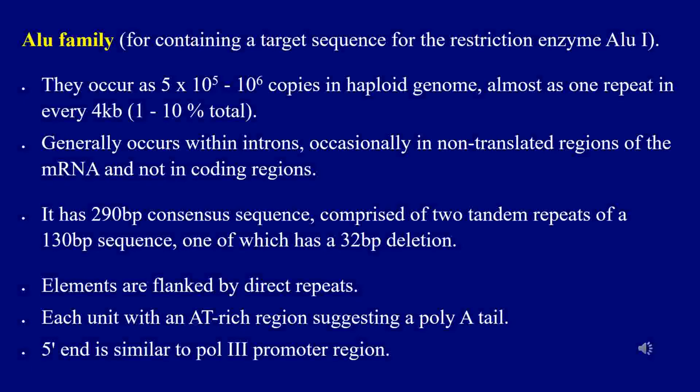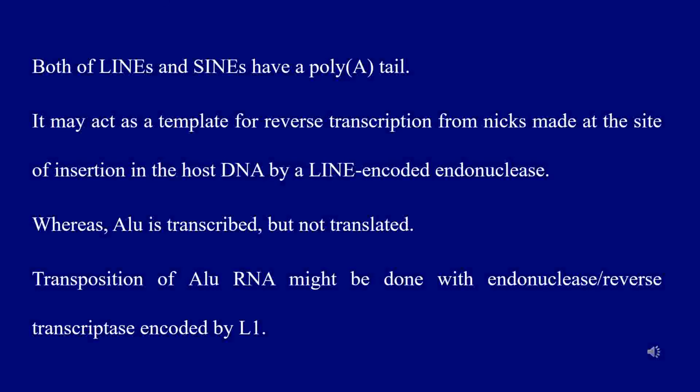Each unit of this repeat is with an AT-rich region which suggests a poly A tail. The 5' end is very much similar to the polymerase III promoter region. Both LINEs and SINEs have poly A tail regions.